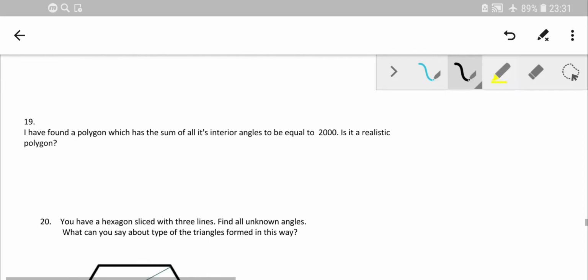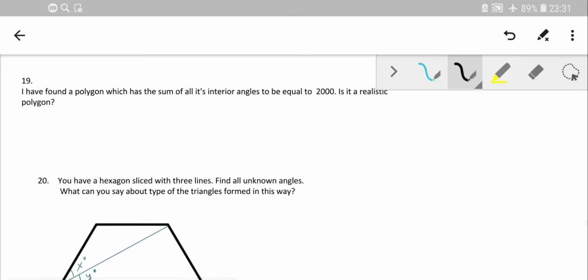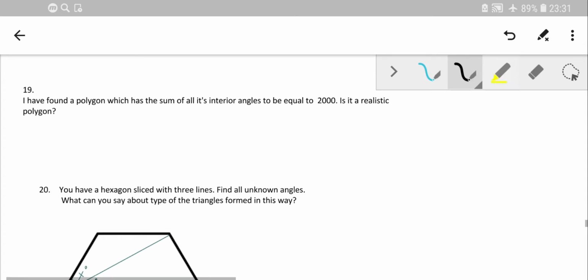Alright, 19. I found a polygon which has the sum of all interior angles to be equal to 2,000. So we have in the formula stated above that this amount is equal to 2,000, the sum of all interior angles. Is it a realistic polygon?